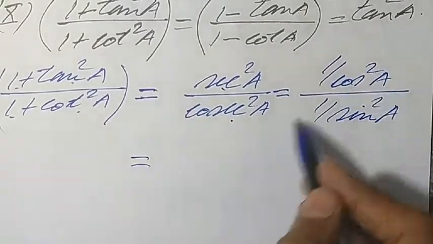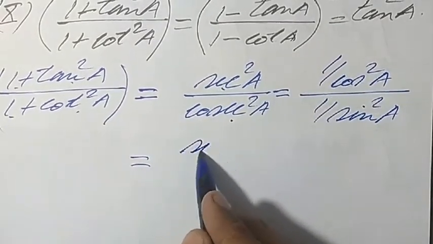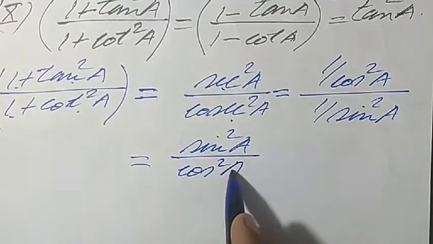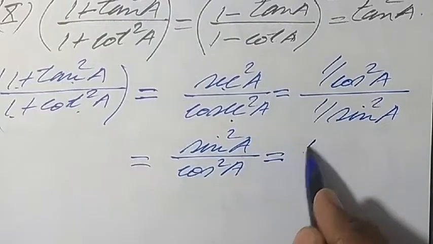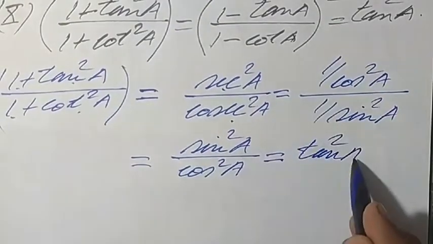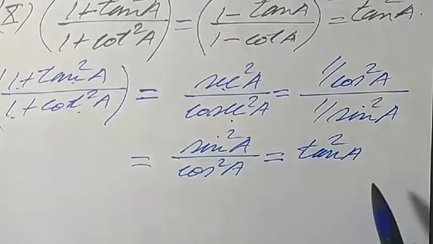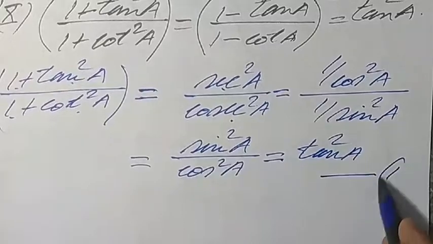So this goes up and cos square A goes down. So we have sin square A upon cos square A, which is equal to tan square A, because sin upon cos is tan. Let it be equation number 1.